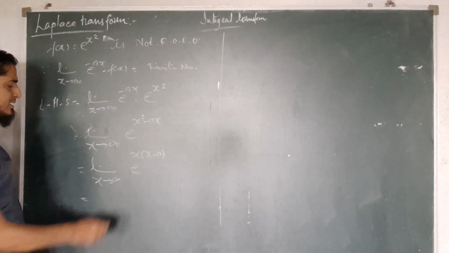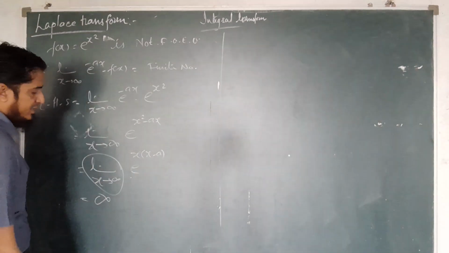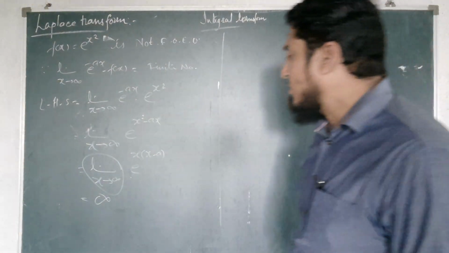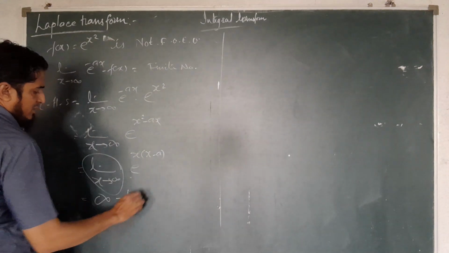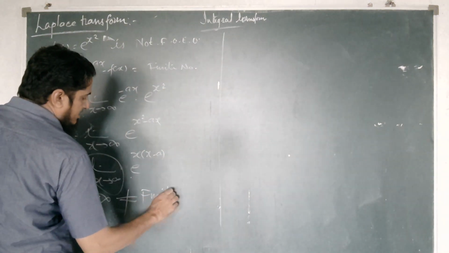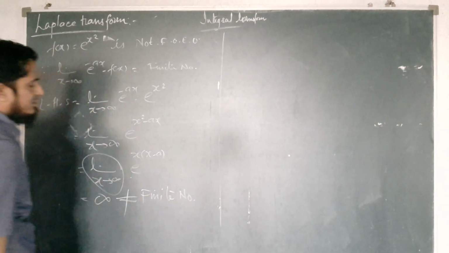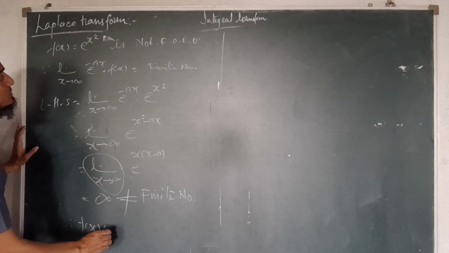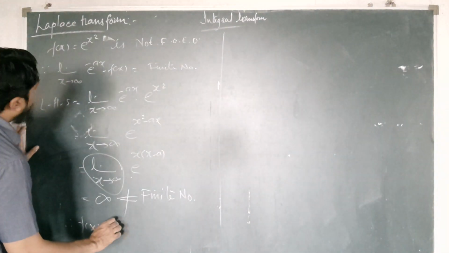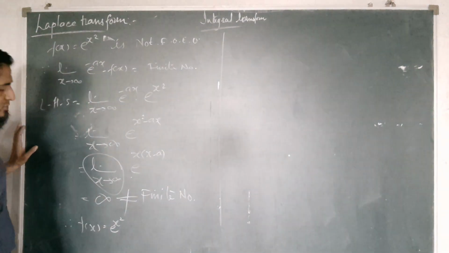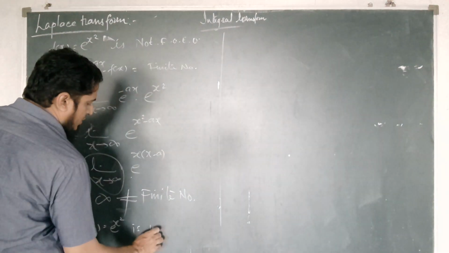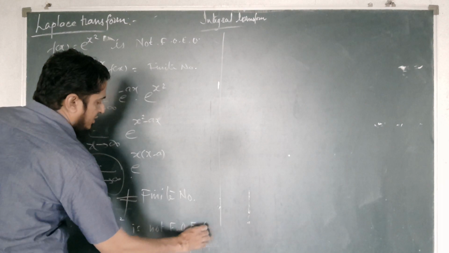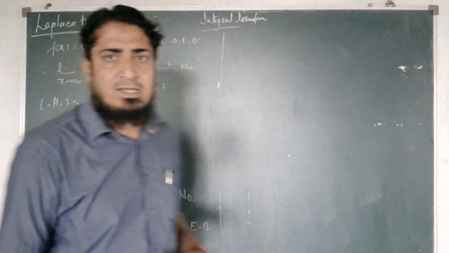If we apply the limit to this function we get infinity, which is not a finite number. Therefore f of x is equal to e raised to x square is not a function of exponential order.